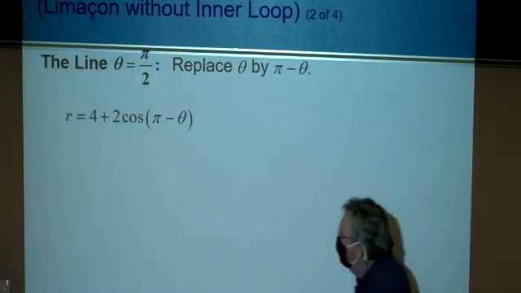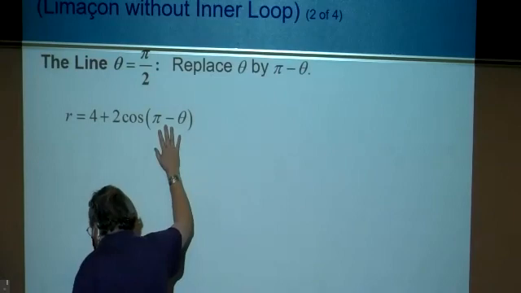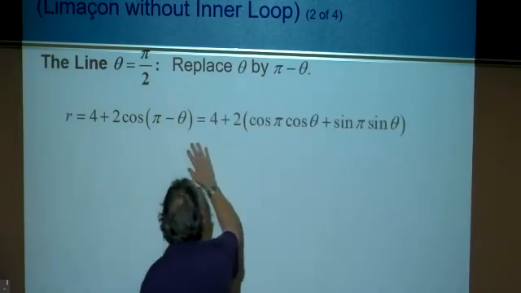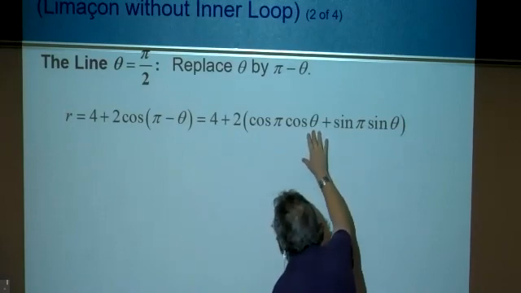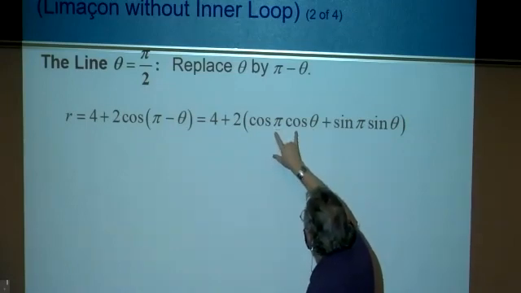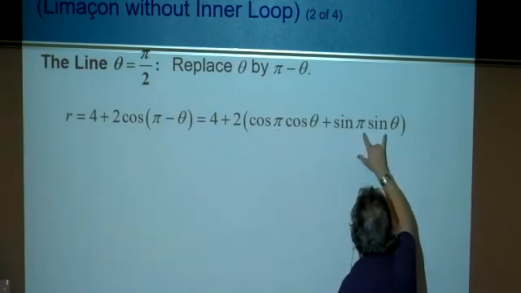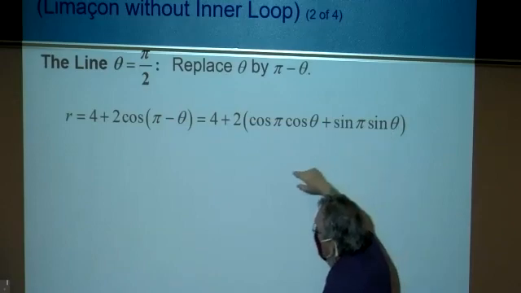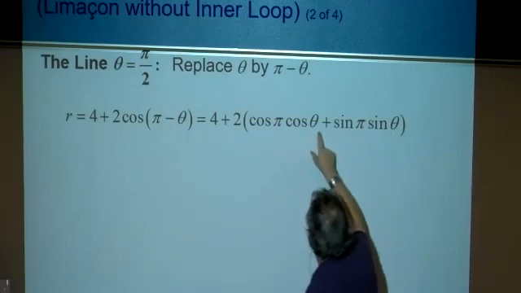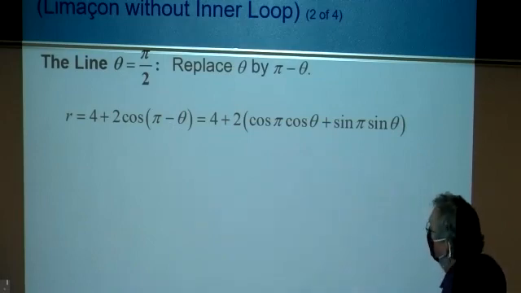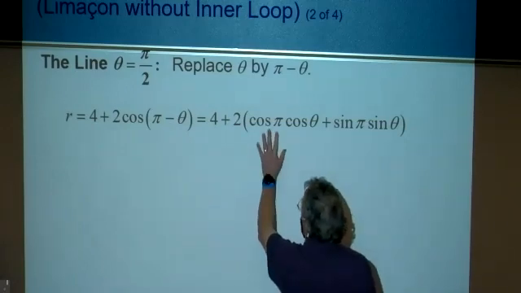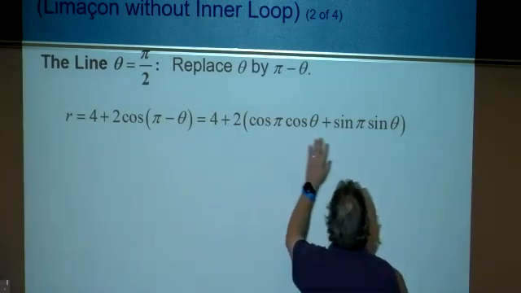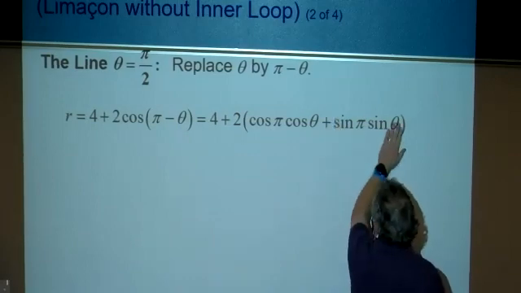And so we use the cosine of the difference of two angles, which ends up being the cosine of the first angle times the cosine of the second, plus the sine of the first times the sine of the second. If you're subtracting the two angles, you're adding those two products. Well, the cosine of pi is -1, and the sine of pi is 0, so this part goes away.